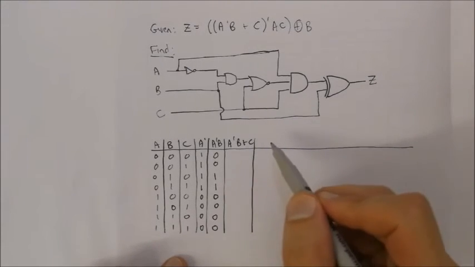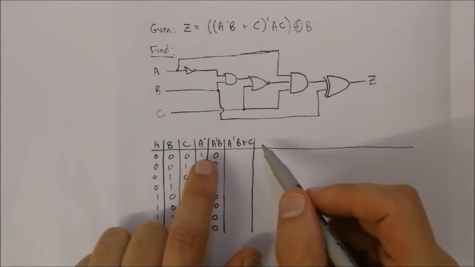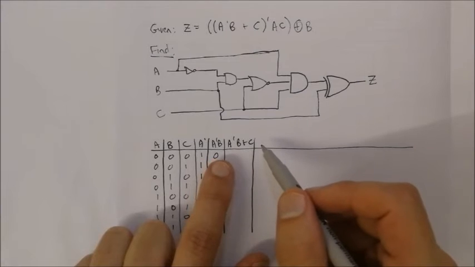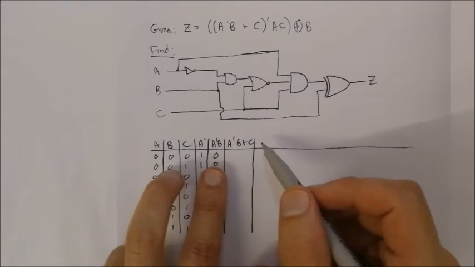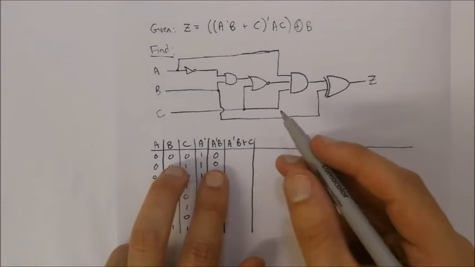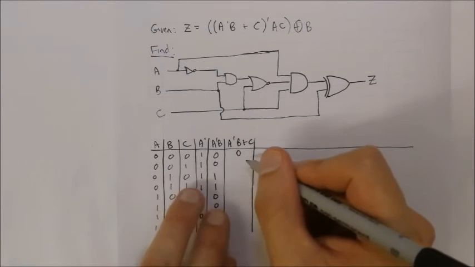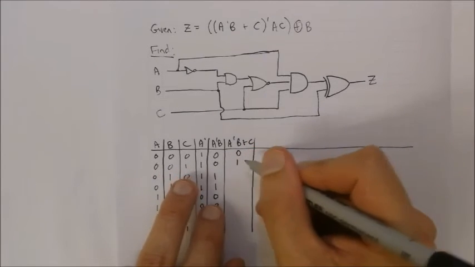So basically we've got A naught B ORed with C. Any of these inputs need to be 1 for the output to be 1. So over there both are 0, so the output would be 0. Over here we've got a 1, so the output is 1.